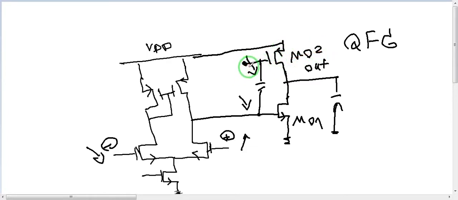Assume that this is, for example, in the last case, without the capacitor and without the idea of quasi-floating gate, we have 1.2, and this is 1.8, very common in 180 nanometer designs.